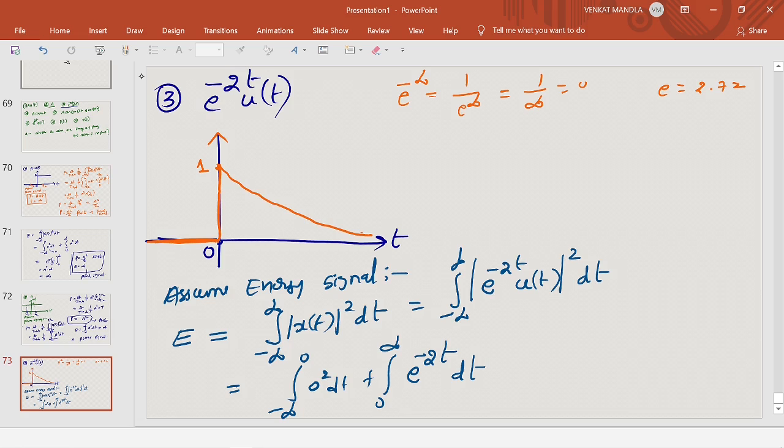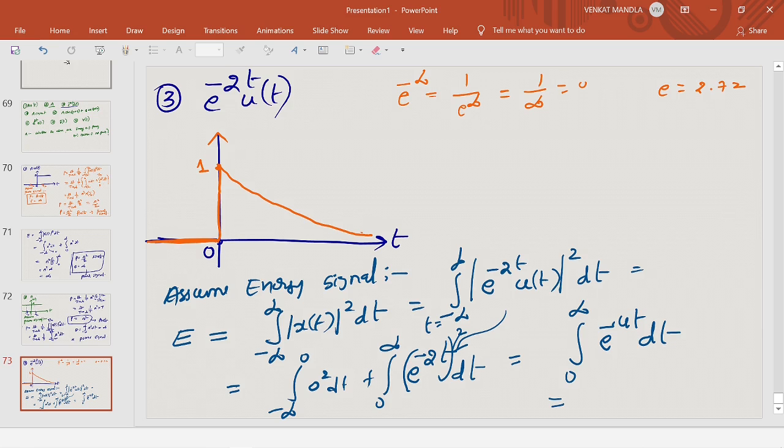So from here itself, u of t is 0 for t less than 0. These are the t limits. So from minus infinity to 0, this value is 0. From 0 to infinity, we have u of t is 1. So 1 into e power minus 2t, and that is what I have written here. E power minus 2t whole square. So that is integral 0 to infinity e power minus 4t dt.